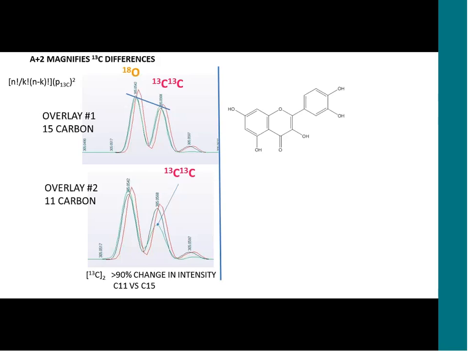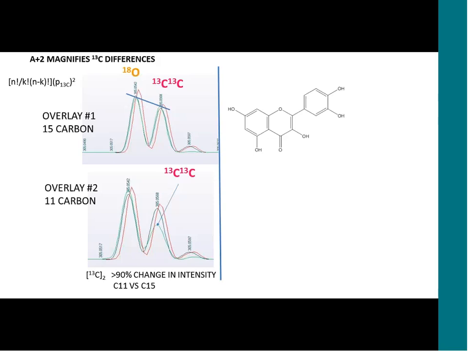What I find interesting, now in the upper trace, we have the overlay of the actual data with the number 1 answer for quercetin, the correct answer. And in the lower trace, we have the overlay for the 11 carbon compound. And what I've highlighted is the peak in the ultra-high resolution pattern that is due to the presence of 2 carbon-13 atoms.